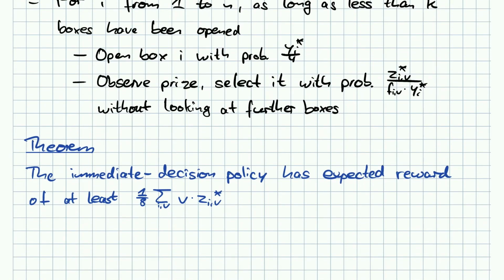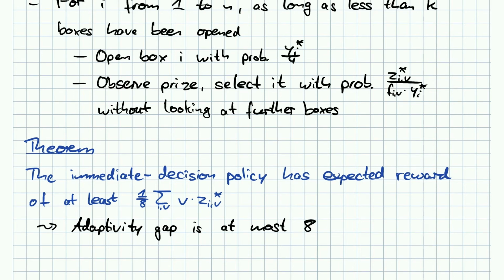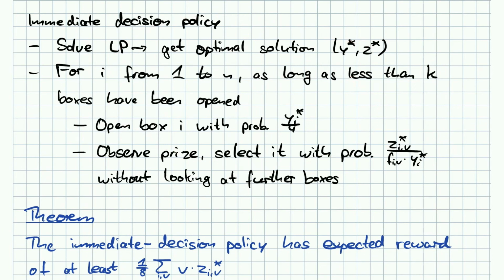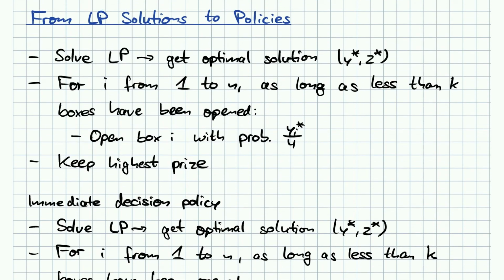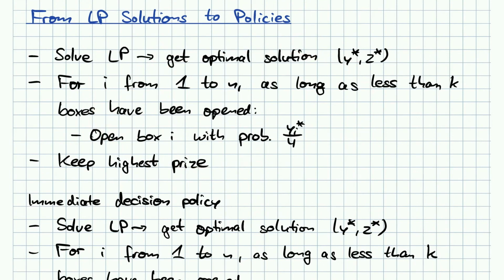This tells us in particular that the adaptivity gap is at most 8, because this is an upper bound of the expected reward for any policy, and now we get only a factor of 1/8 less for our policy, for which we were arguing that this immediate decision policy can only get a smaller reward than this non-adaptive policy that we were devising.